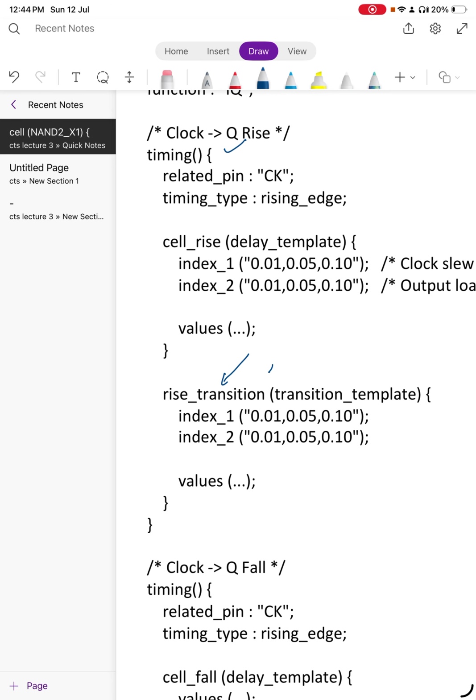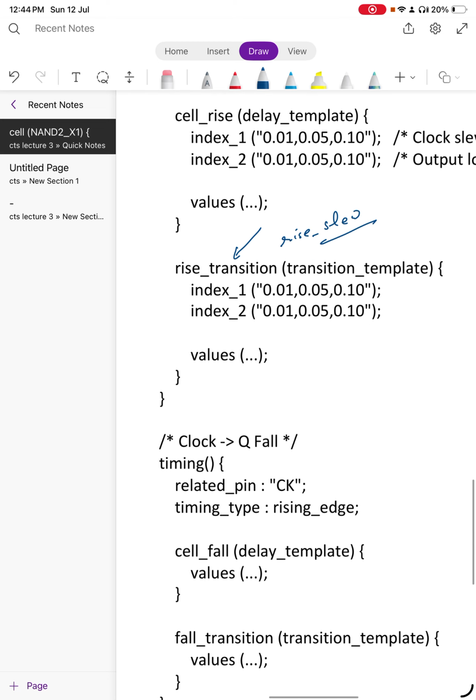So rise transition or rise slew is calculated with the help of this table. We have a lookup table over here, which is a 2D table, with values from 0.01 to 0.10.